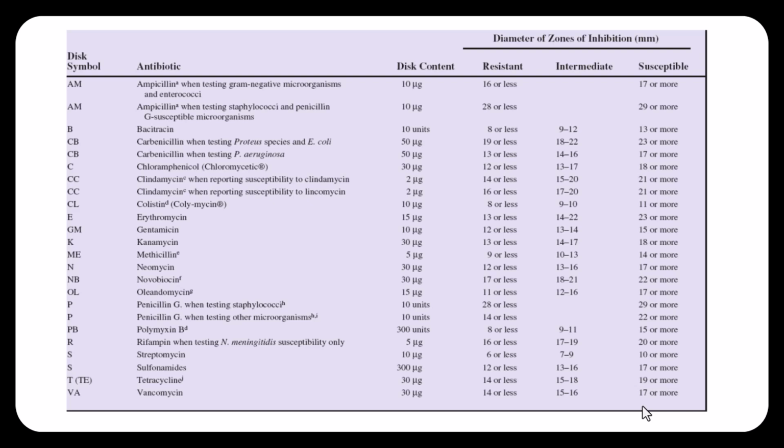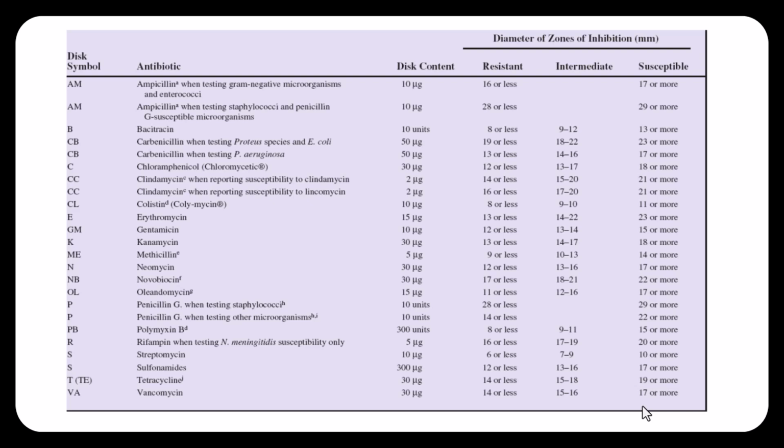The measured inhibition zone diameter is compared with a standard breakpoint provided in the CLSI table, Clinical and Laboratory Standards Institute, and according to these criteria, results are reported as sensitive, intermediate, or resistant, which helps to select a correct antibiotic for treatment.